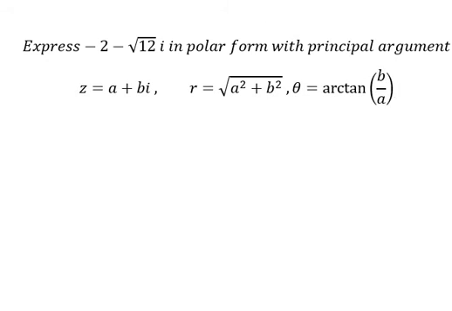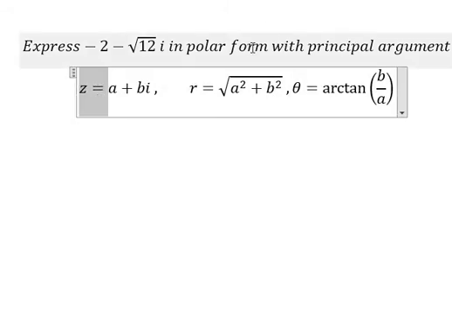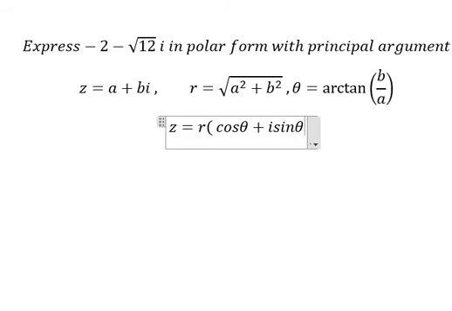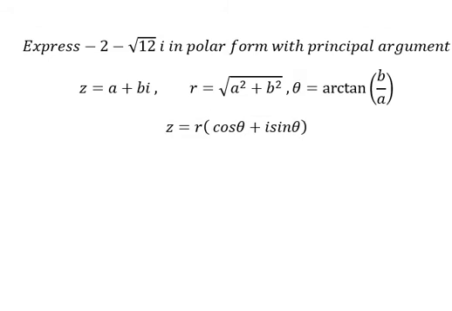So we need to transform this into polar form. So that should be z equal to r multiplied by cosine theta plus i sine theta. And now we can apply the formula in here.